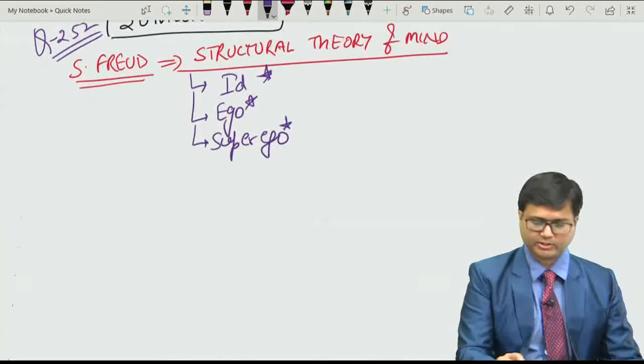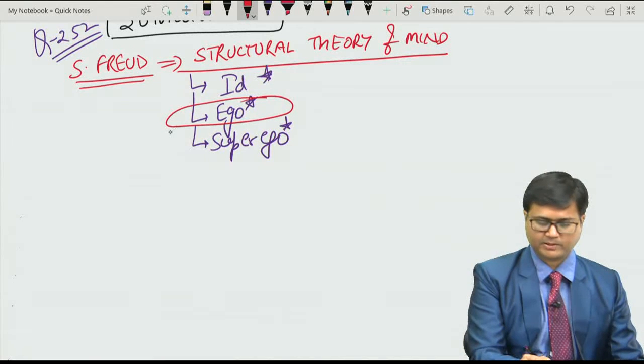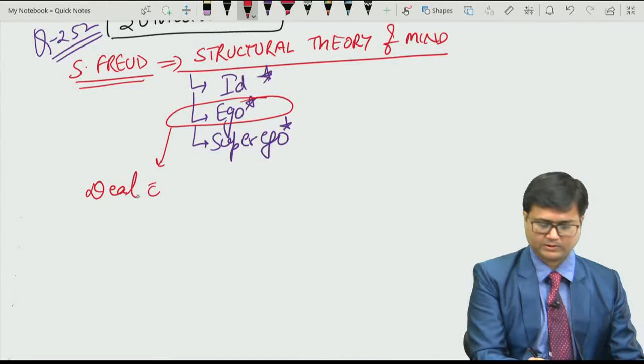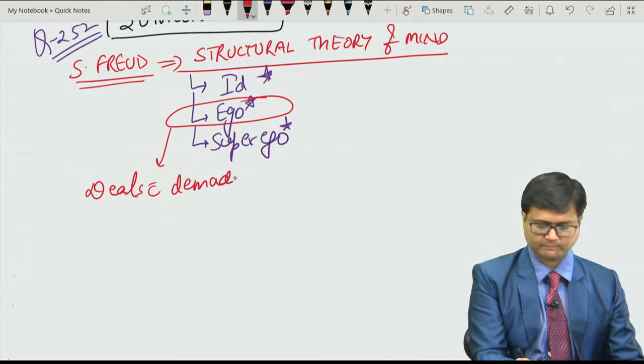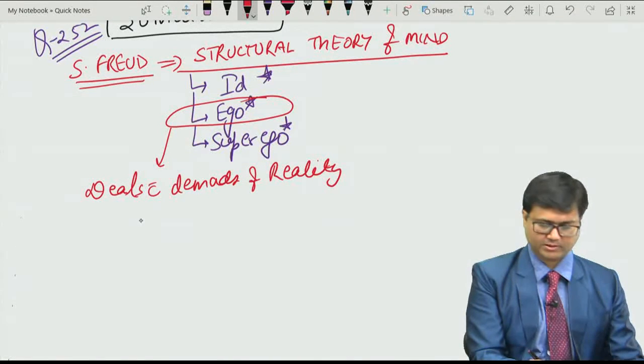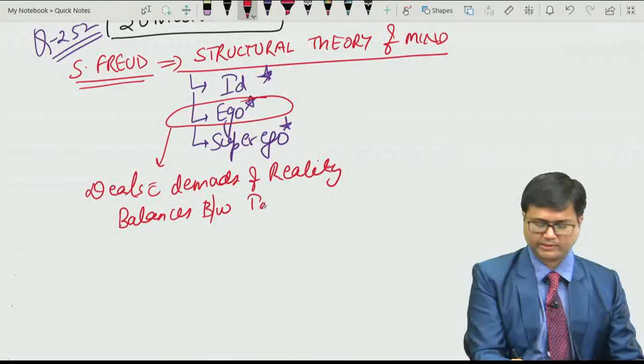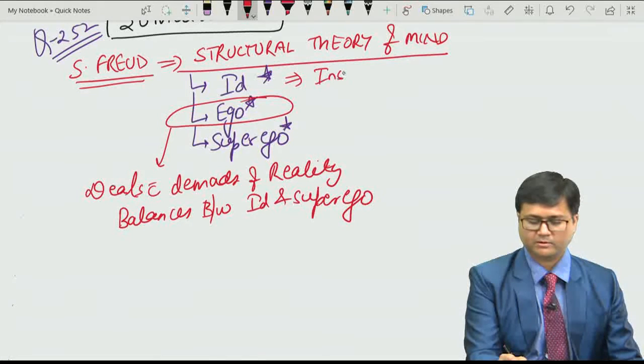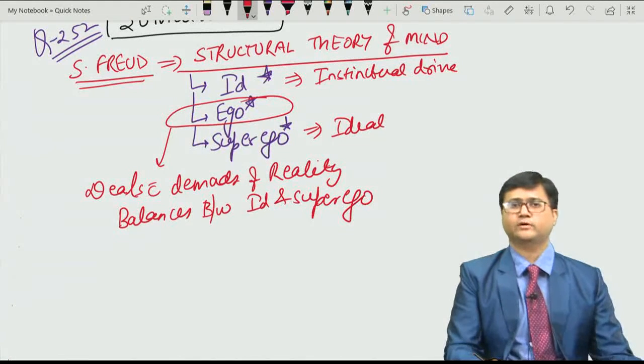Now, ego generally deals with the demands of reality, as well as it balances between the id and the superego. So id is the instinctual drive, while superego deals with the ideal behavior which one should have in the society.